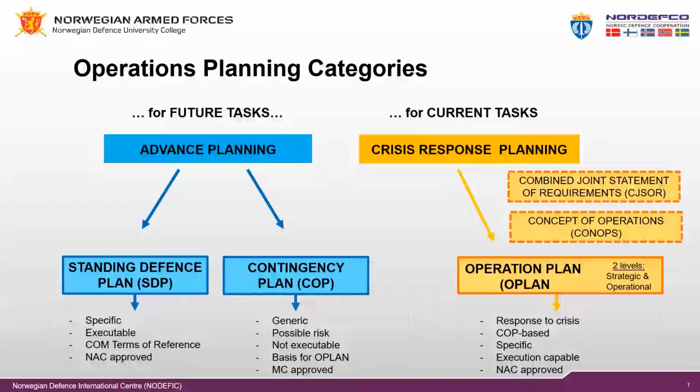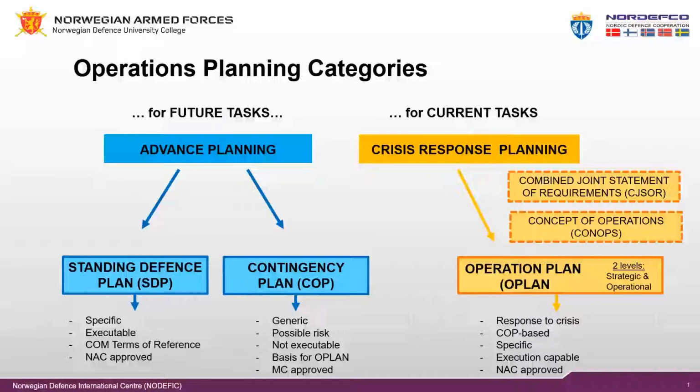Crisis response planning is developed in response to an actual or developing crisis. Crisis response planning calls for the development of an operation plan. For each operation, two operation plans are produced: a strategic operation plan approved by the NAC and an operational operation plan approved by SACEUR.